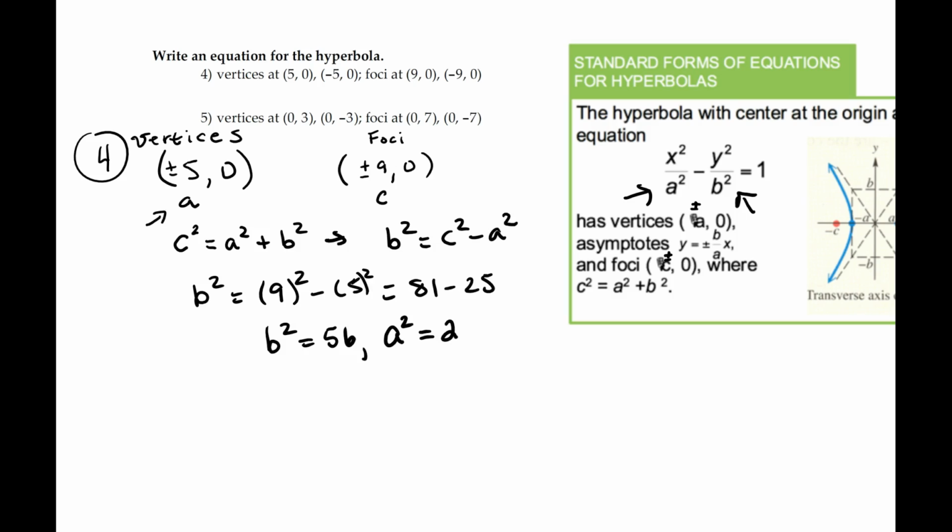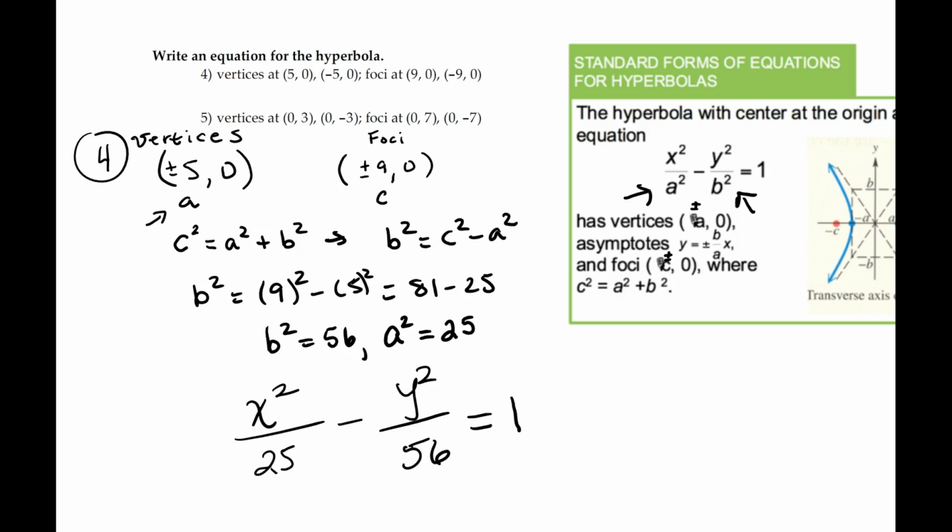So that's going to be 25. So our equation for the hyperbola is going to be x squared over 25 minus y squared over 56. And of course, it's always equal to 1. All right. So a very nice, clear, clean-cut example here.